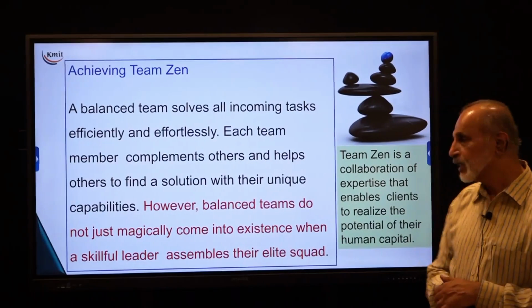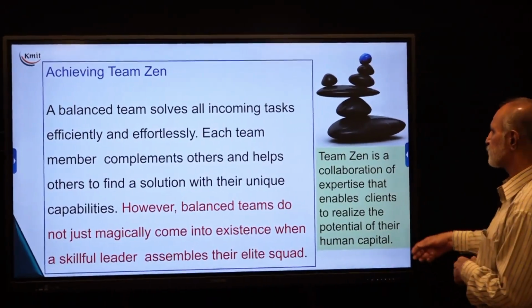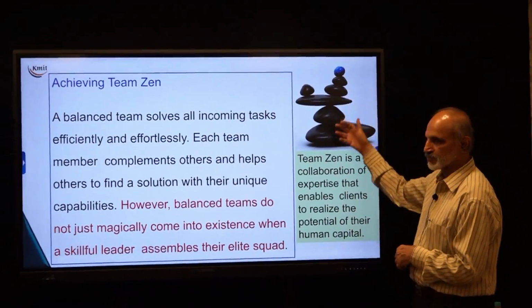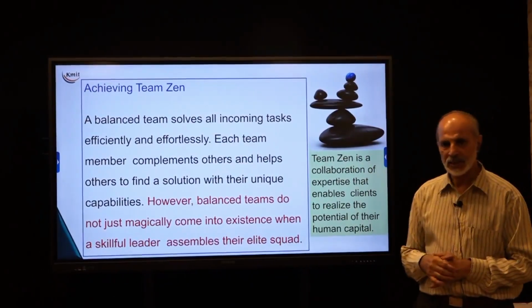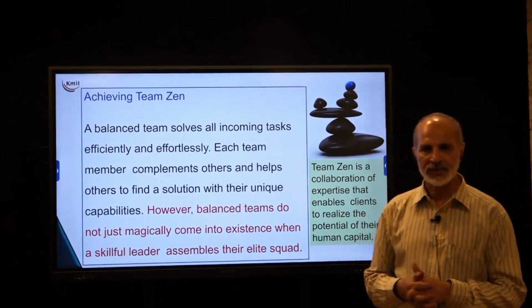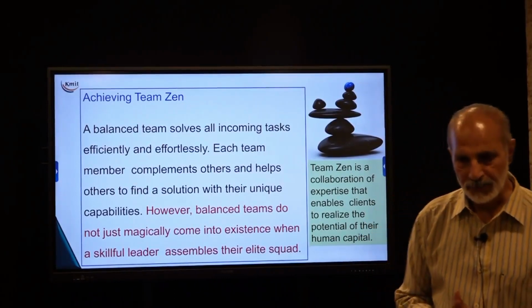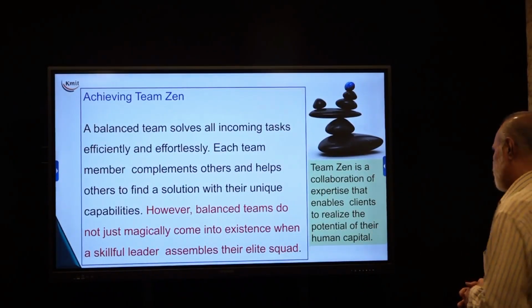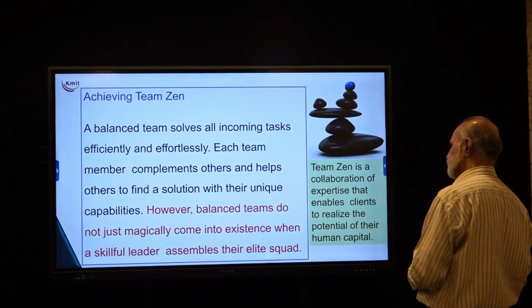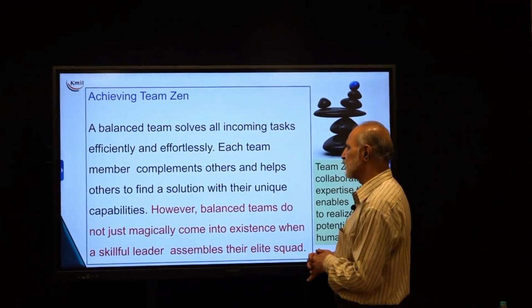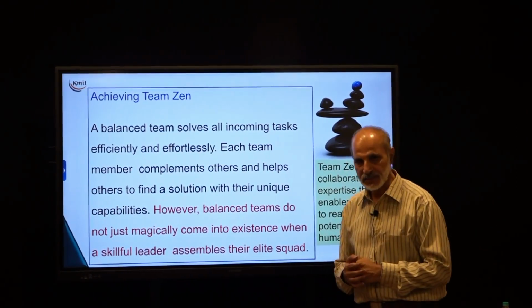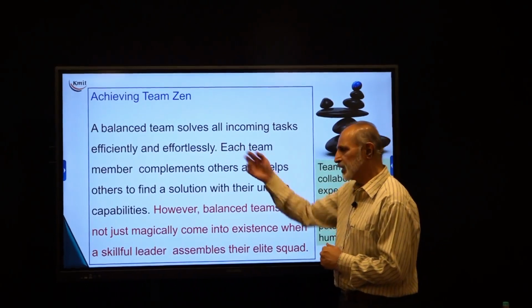So you can see that my basic objective of team building is a balanced team. That means every person in the data science team is cooperating, delivering the product and listening to the team manager. So this is what we call a balanced team, which solves all incoming tasks effortlessly and efficiently.